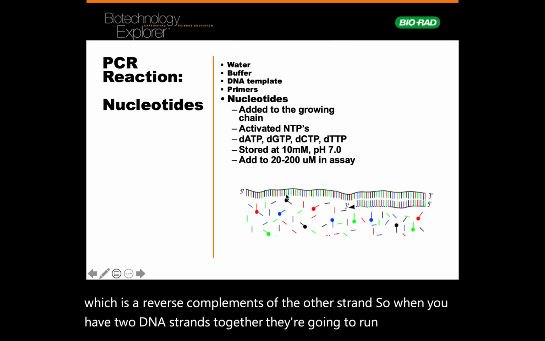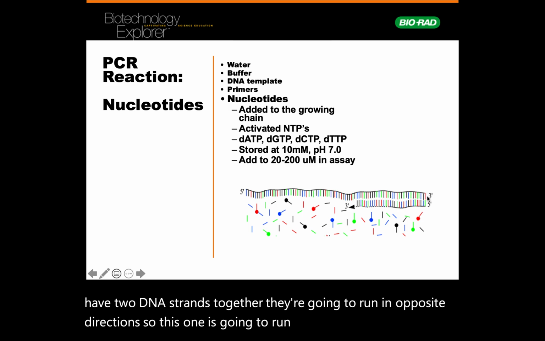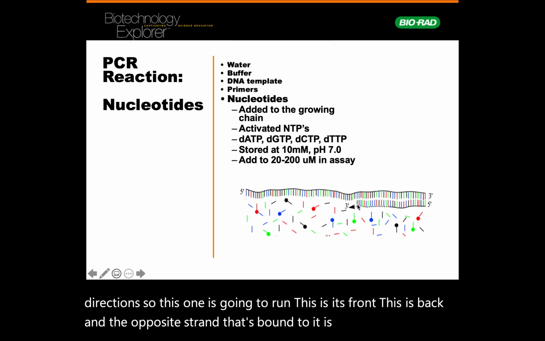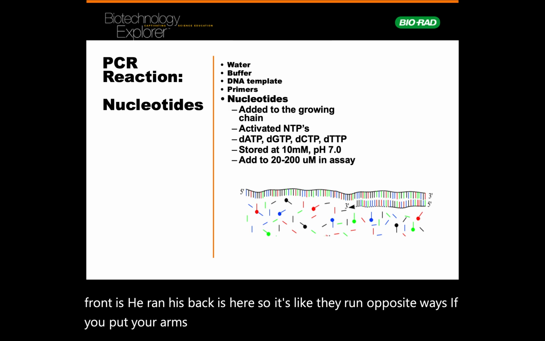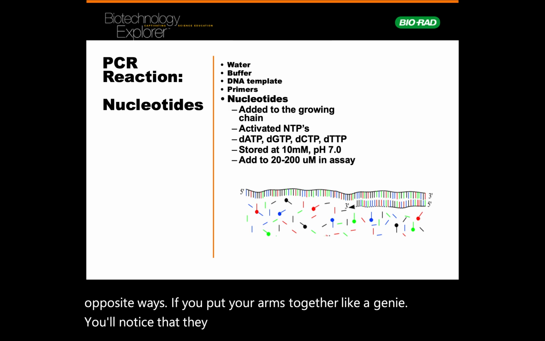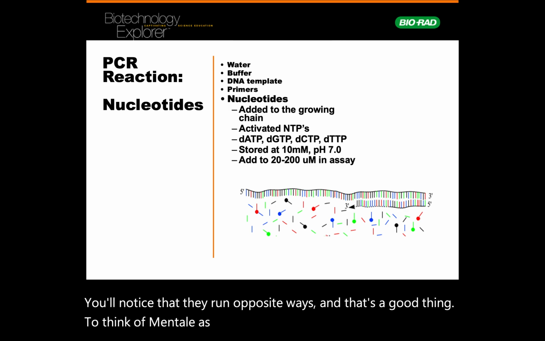This one has its front here and its back here, and the opposite strand bound to it starts here, its front is here, and its back is here. If you put your arms together like a genie, you'll notice that they run opposite ways, and that's a good thing to think of mentally as you're picturing DNA.